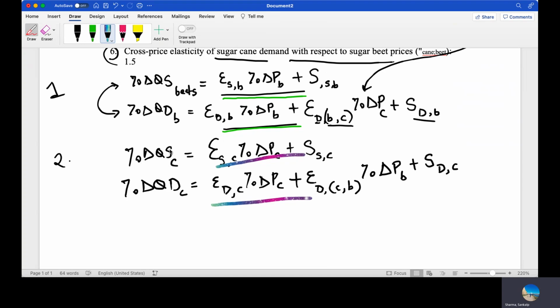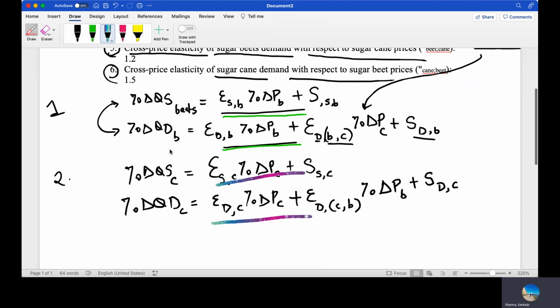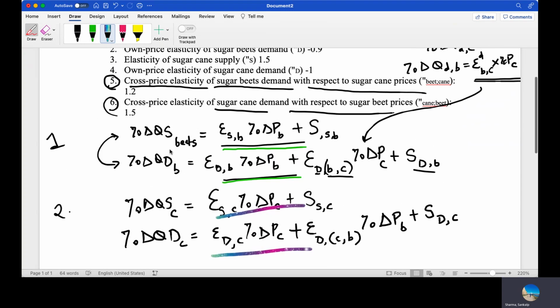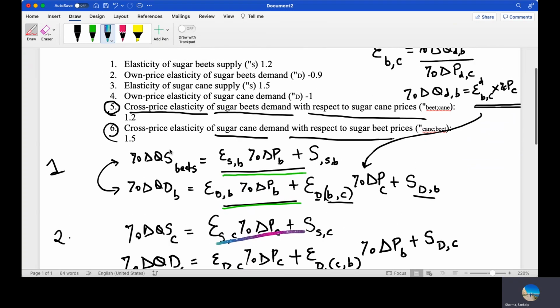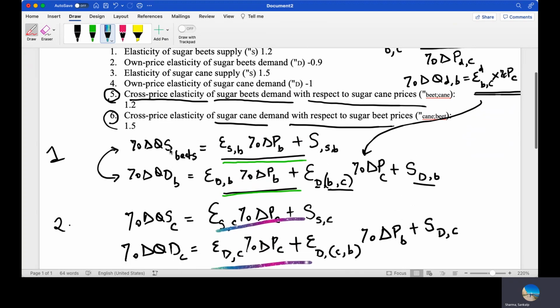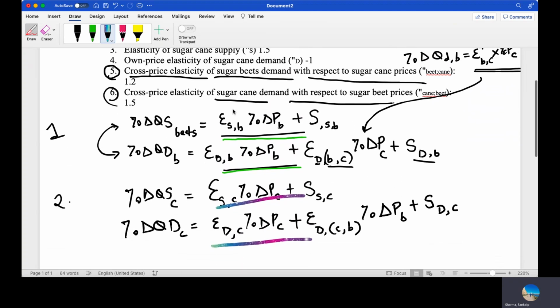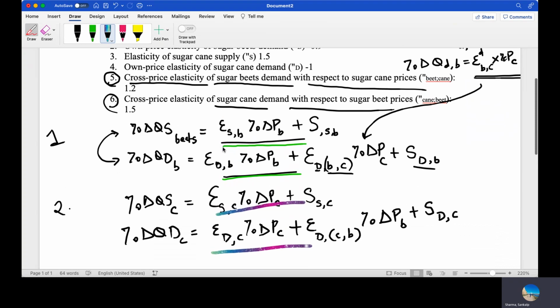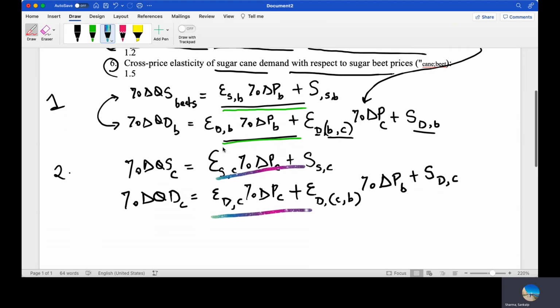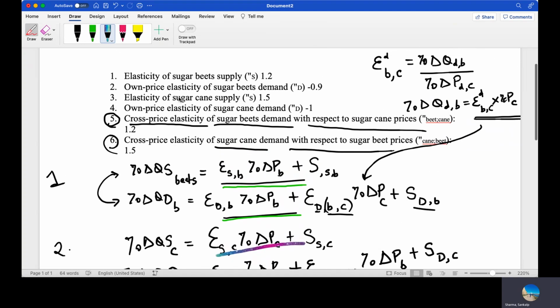You get those things, you're going to plug in the numbers, and then you're going to solve those two equations. So this is where your algebra skills are going to come in handy. I'm going to start plugging some numbers here, because notice that the first market is fairly straightforward. What is the elasticity of supply with respect to beets?